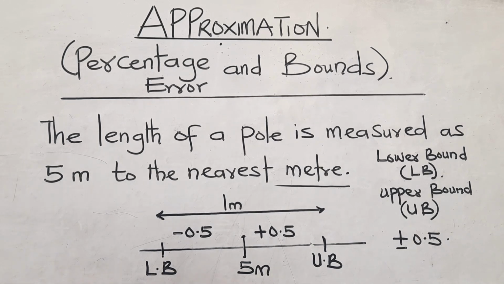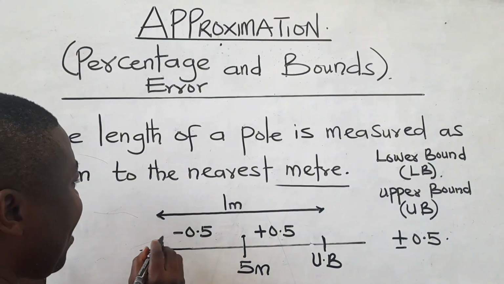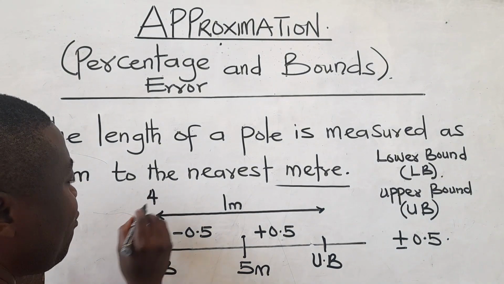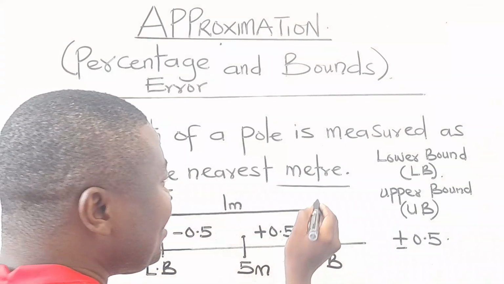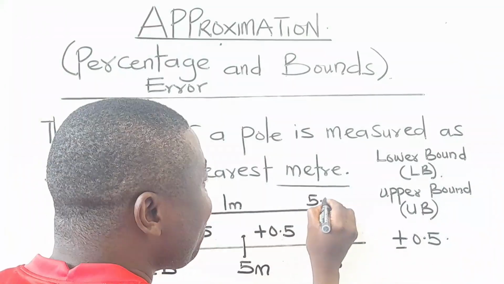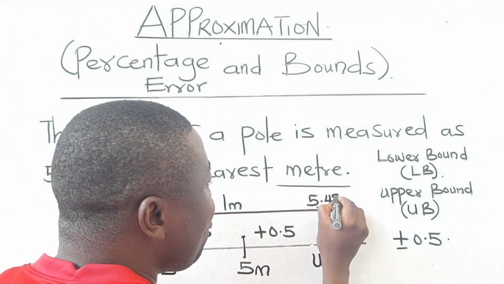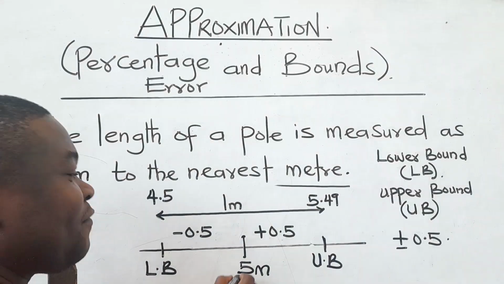Just to put a clause to it, if you approximate 4.5 here, 4.5, it gives you 5. Here, if you approximate 5.45 or 49, it gives you 5.